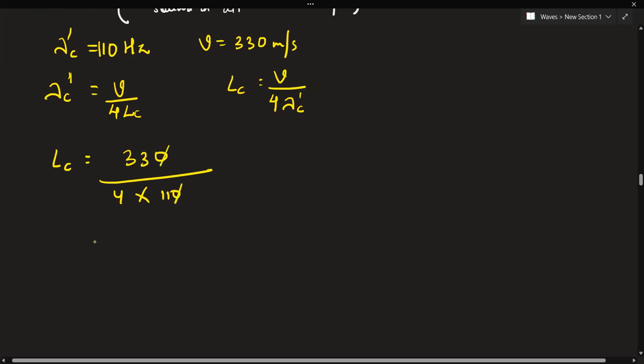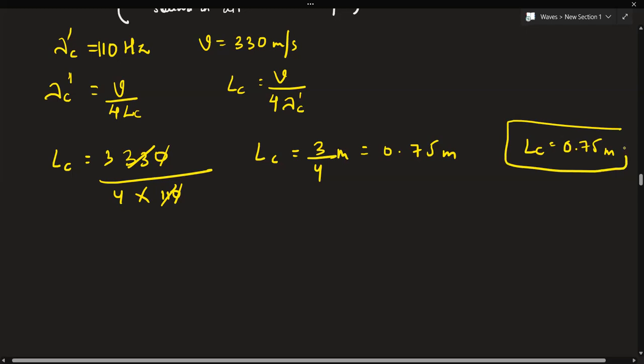So the 0 will get cancelled. This will be 3. So the length of the closed organ pipe will be 3 by 4 meters, which is 0.75 meters. So what is the length of the closed organ pipe? 0.75 meters. This part is clear, the calculation of the length of the closed organ pipe?